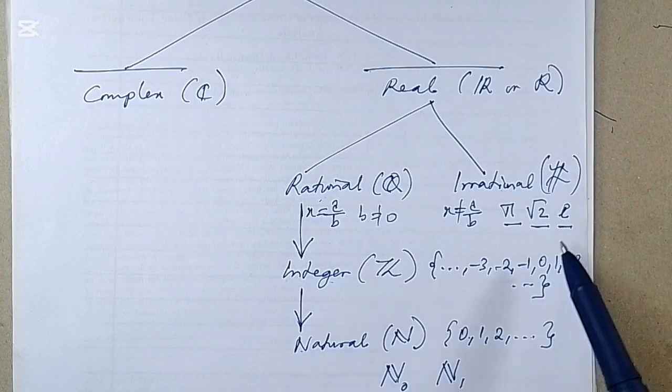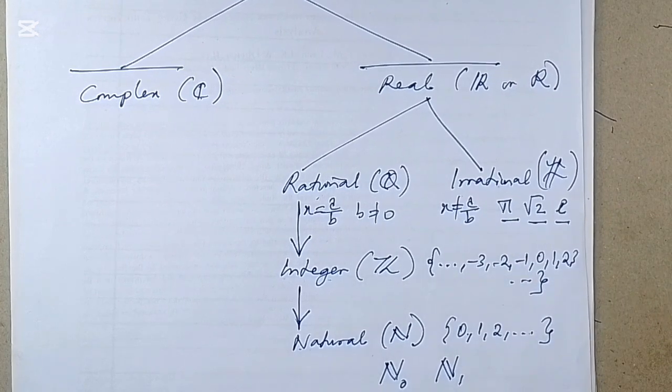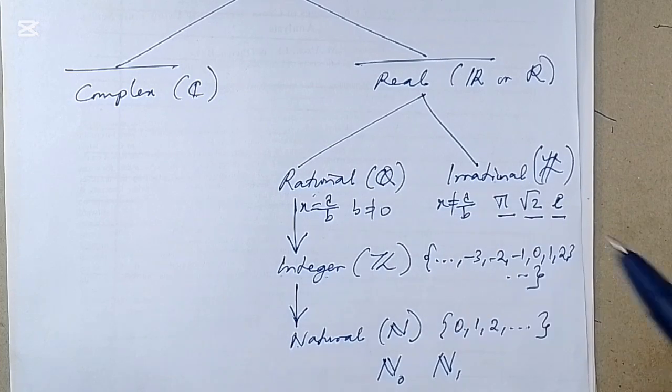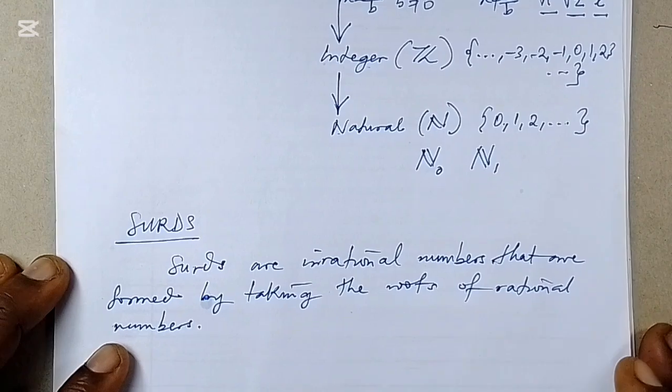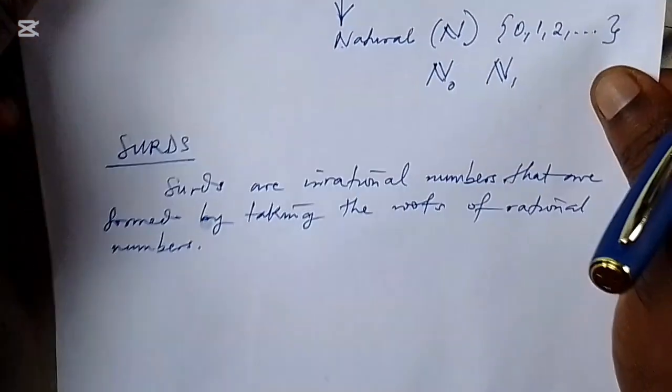So out of all these examples I gave you on irrational numbers, which ones do we categorize as surds? Surds are a type of irrational numbers. How are they formed? They are formed by taking the roots of rational numbers. Now, taking the roots of rational numbers will give you surds implies what, everybody?